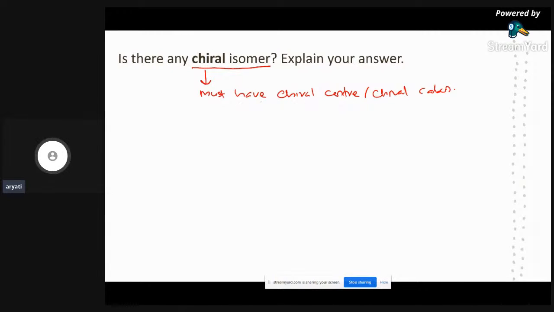So what is chiral center ataupun chiral carbon? Carbon atom bonded to 4 different atom ataupun group of atoms.